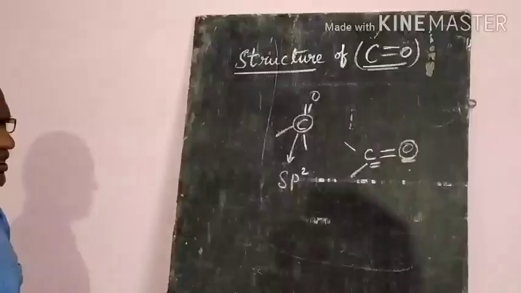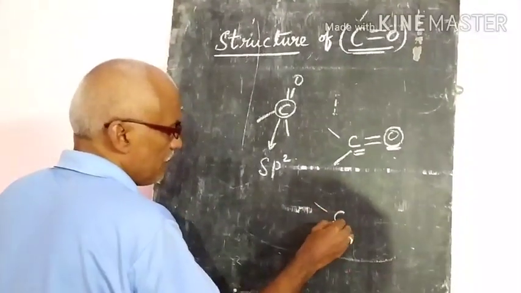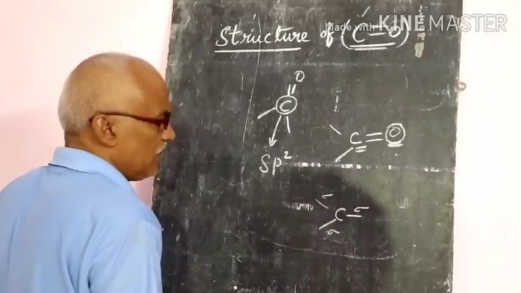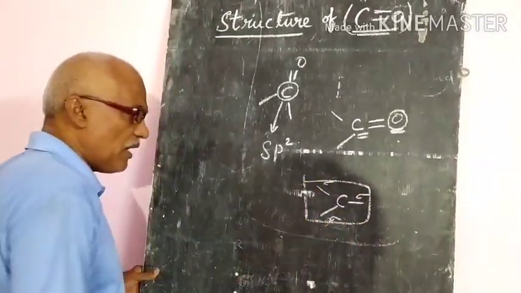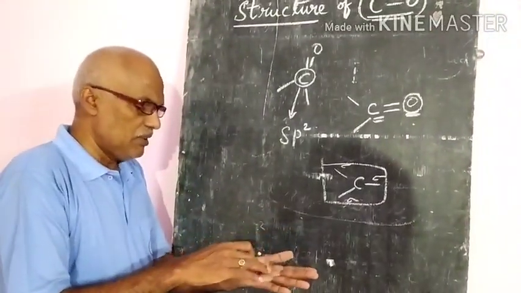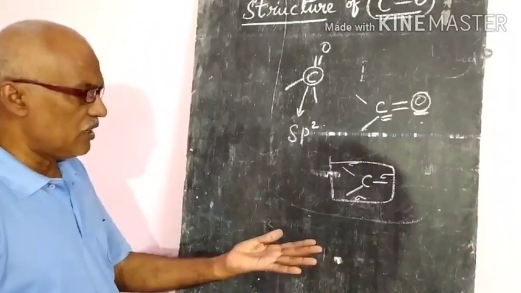If you come to the structure, how will it be? The 3 sigma bonds of the carbonyl carbon all lie on the same plane: one carbon-oxygen bond, and another 2 carbon or carbon and hydrogen bonds.